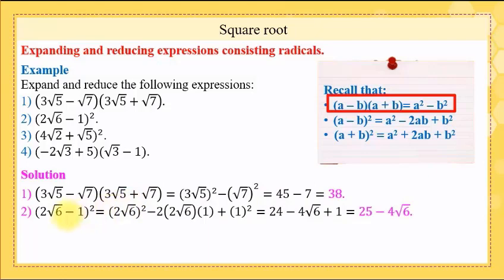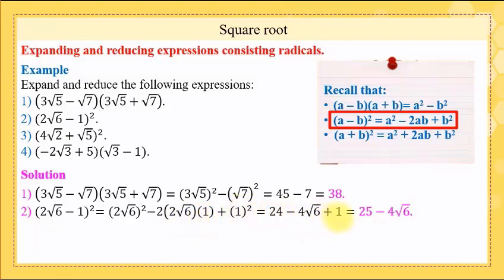The second one can be expanded according to the second identity, a minus b all to the power 2. So we have here a is 2 radical 6 and b is 1. According to this identity, we can write 2 radical 6 power 2 minus 2 times a, which is 2 radical 6, times b, which is 1, plus b power 2, which is 1 power 2.